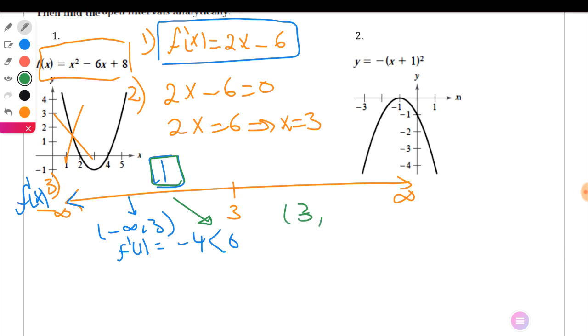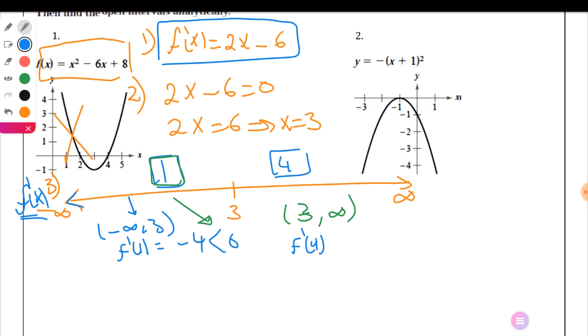By the same way, I'll do the second interval, which is 3 to infinity. Choose a value, which I name the test value. Choose any number. I'll choose number 4. Then replace in the first derivative. It will be f prime at 4, the test value which I chose.